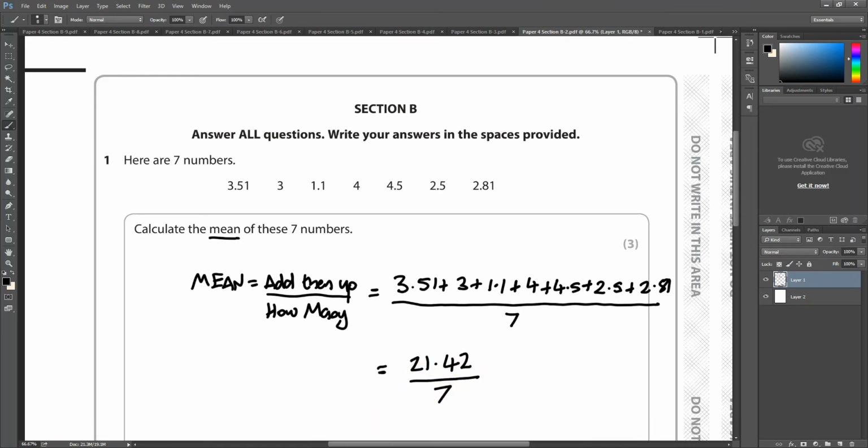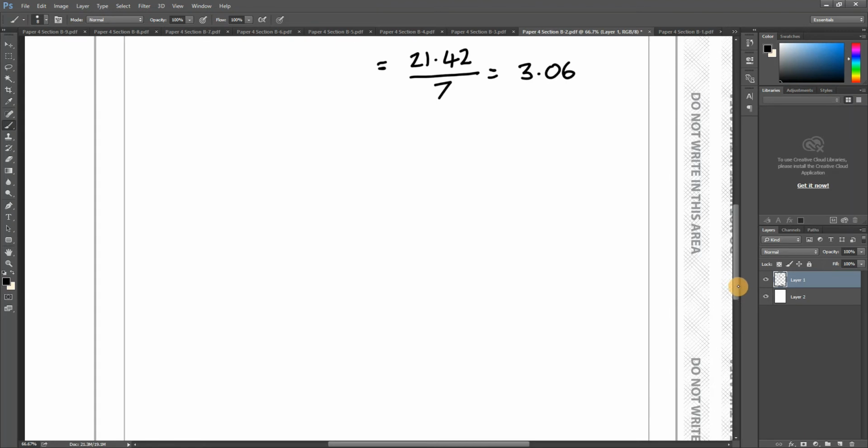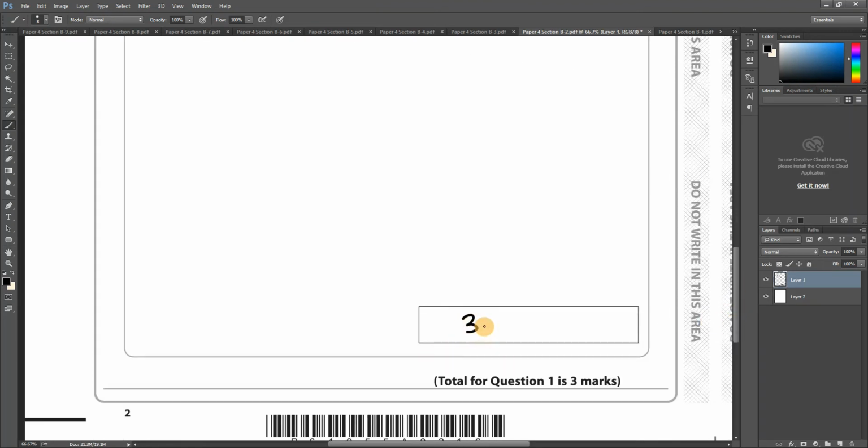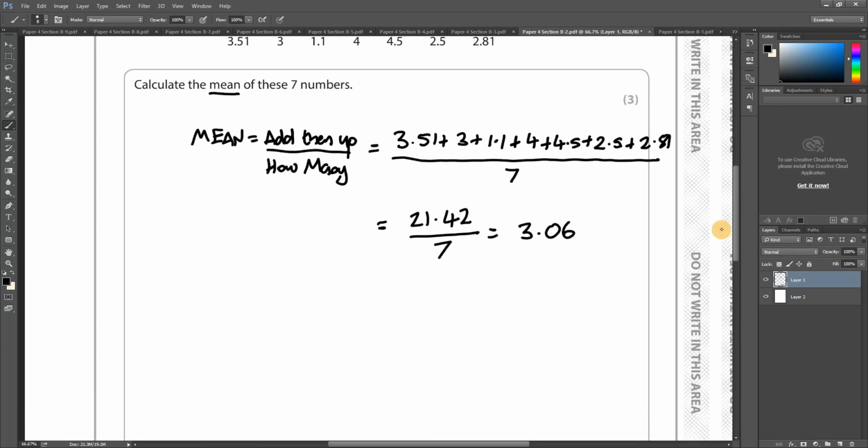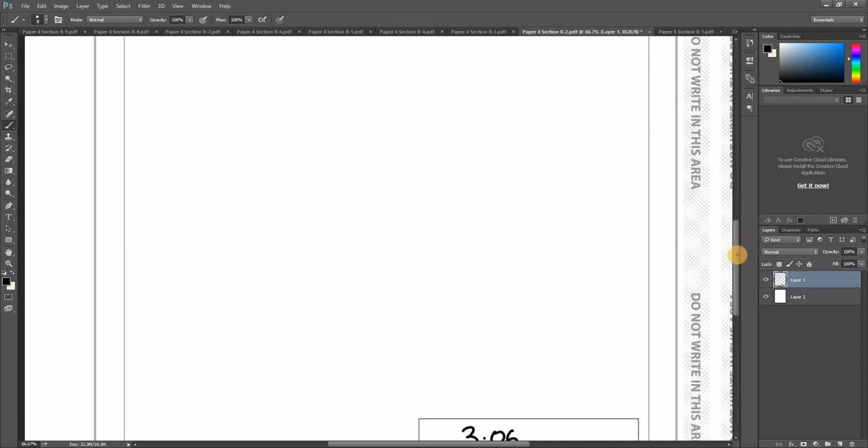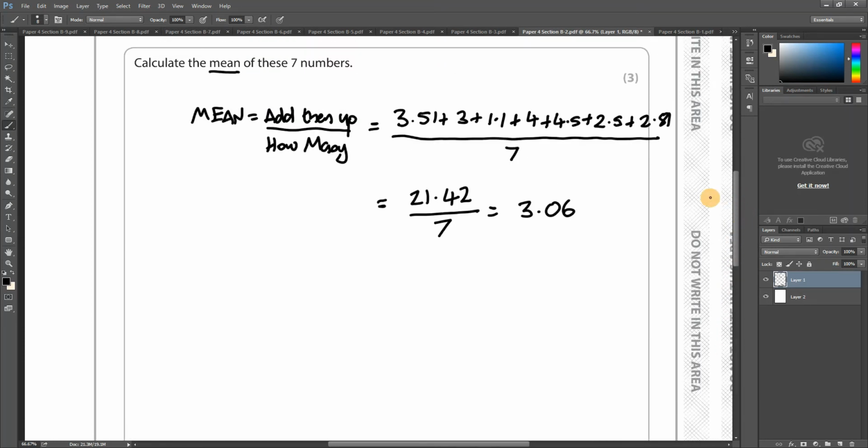Now you've got to divide it by 7, and don't forget to press SD, and you should get 3.06 as your answer. Don't forget to put it in your answer box. 3 marks for that: 1 mark for showing your working for adding them all up, a 2nd mark for showing that you're dividing by 7, and your 3rd mark is for your answer. So 3.06 is your answer for that one.